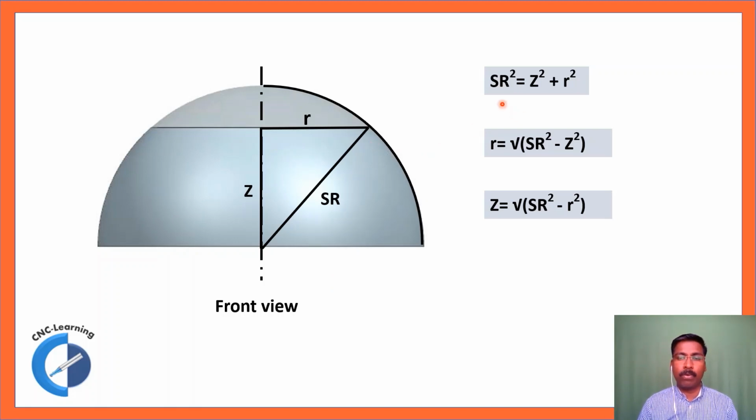So this formula would be the sphere radius square equals z square plus r square. So r equals square root of sr square minus z square, z equals square root of s square minus r square.